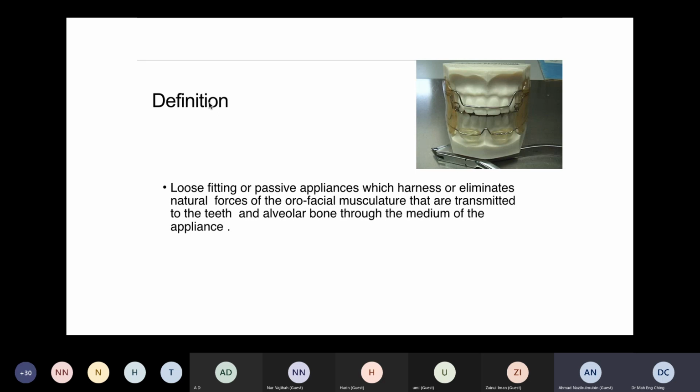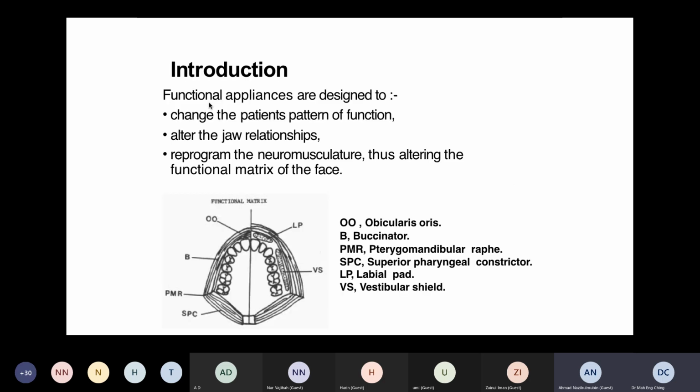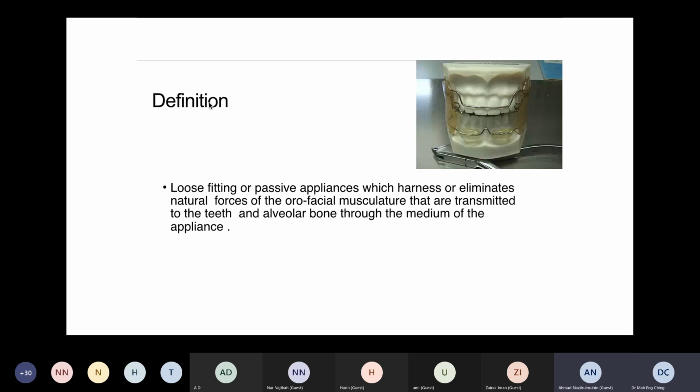So what I'm trying to say is with this appliance, you can harness or you can take away the natural forces from the surrounding structures, which is the muscle and the soft tissue. By doing that, hopefully the jaw will grow into the proper positions. Myofunction means something to do with the muscle and the soft tissue surrounding the bone.